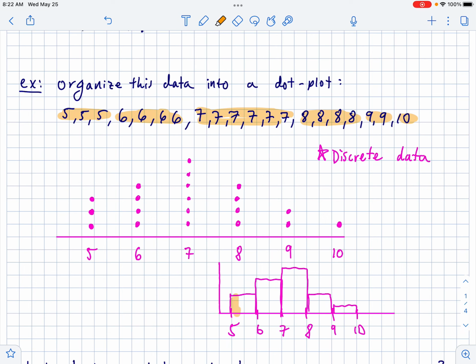I'm just making these numbers up here. But if you have an interval from 5 to 6, that means that there could be things like 5.9, 5.8, 5.7, things like that. But in a dot plot, there's only 5s. There's no 5.5 or 5.6, anything in between there.